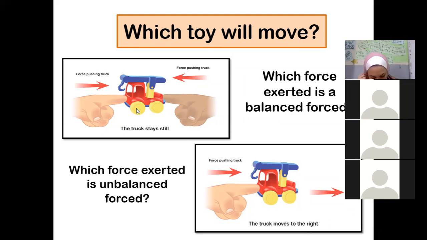But if one of those forces, sorry guys, but if one of those forces is stronger than the other or bigger than the other, the object will start to move. So we have to give those types of forces a name. When the two forces are equal, I need to give it a name. And when the forces are not equal, I want to give it another name, a scientific name, so that we can use them in science.